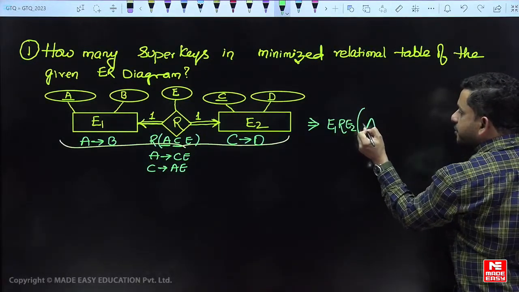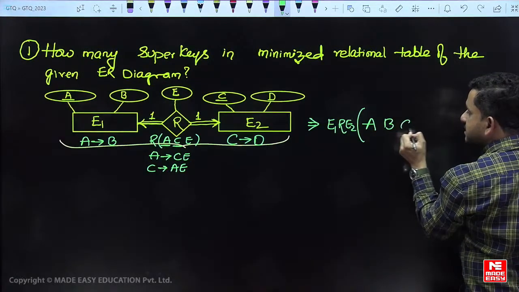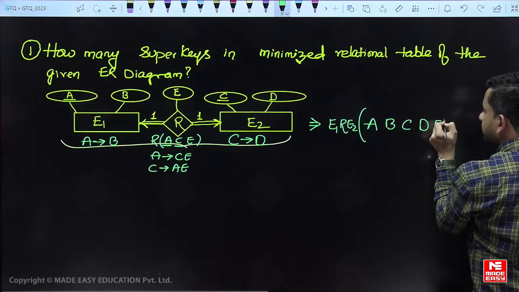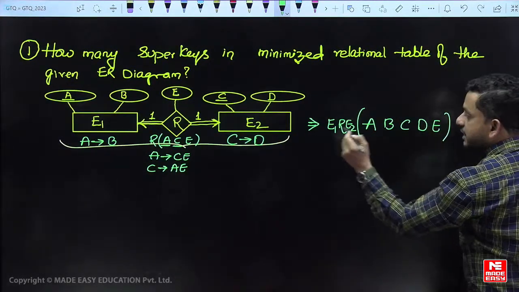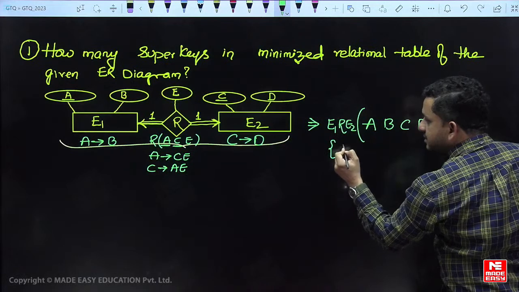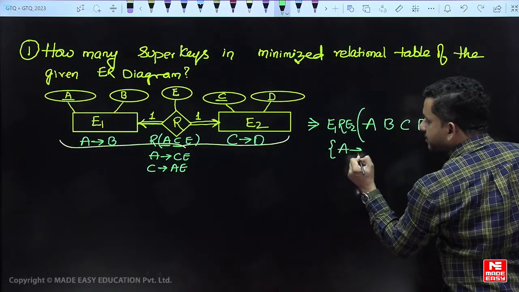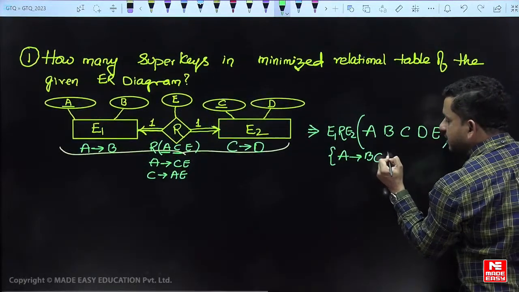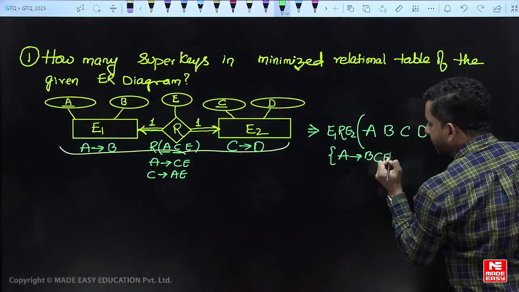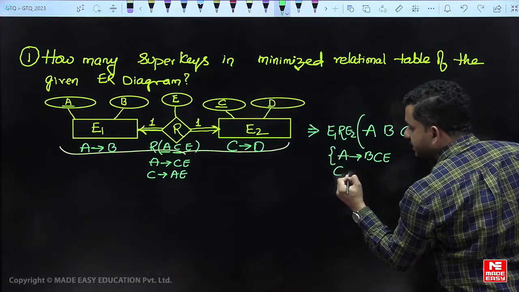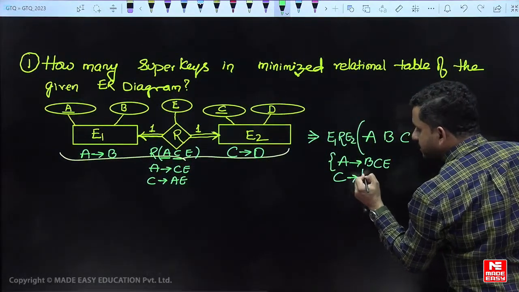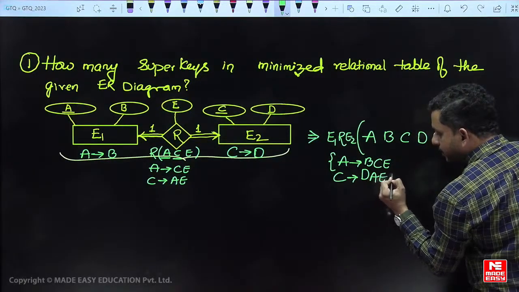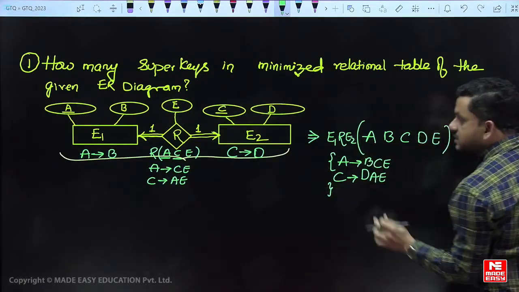Then there are total 5 attributes: A, B, C, D, E. These are the FDs: because of E1, A determines B; because of the relationship, A determines CE also; because of E2, C determines D; and because of the one-to-one relationship set, C determines AE also.